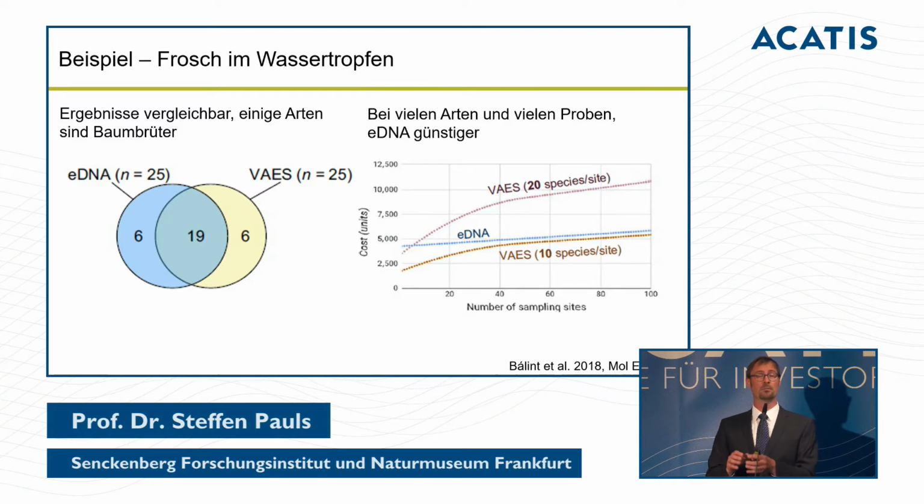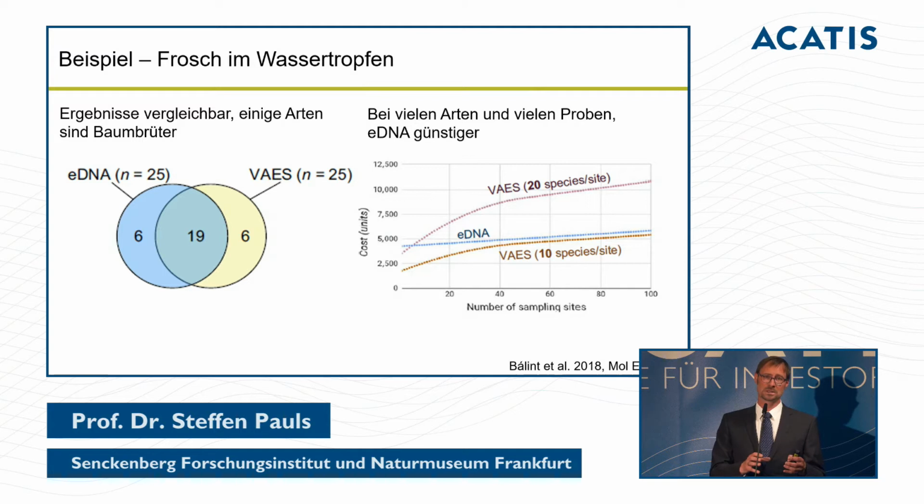The reason for that is that there are certain frogs that live in the trees, and so by doing water samples, they will not be proven in the eDNA. So there are 6 types that can only be proven acoustically.